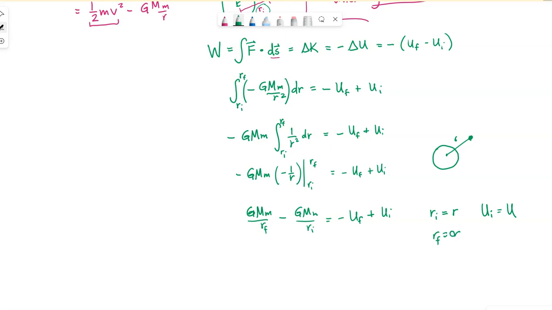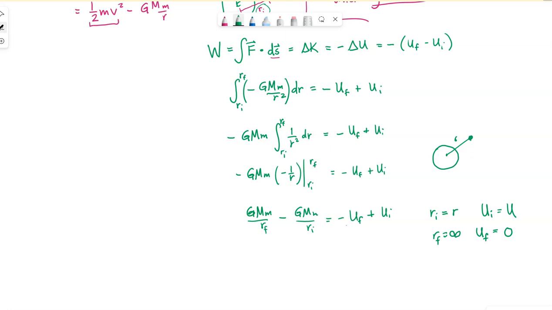I want to say that our final is infinity. So I've gotten it as infinitely far away as I possibly can. Well, if something is infinitely far away, I would assume that it's not going to be attracted to the Earth anymore. And so the potential energy, we could say, is 0 when the object is infinitely far away.